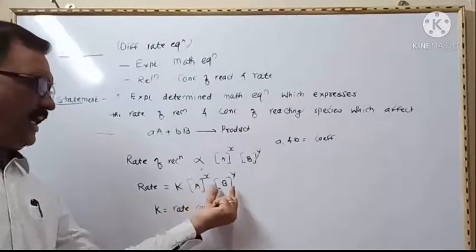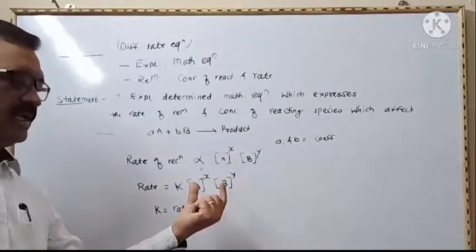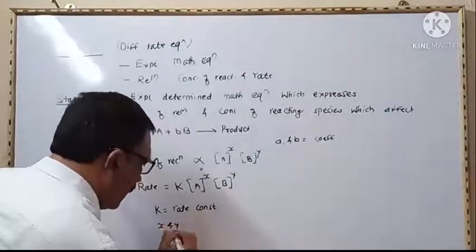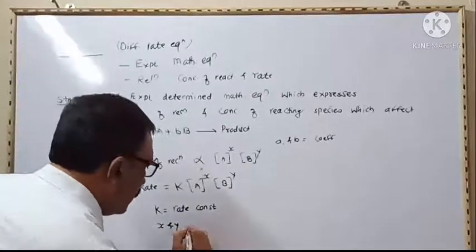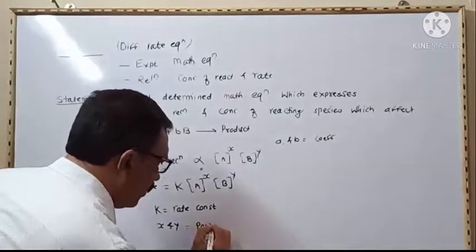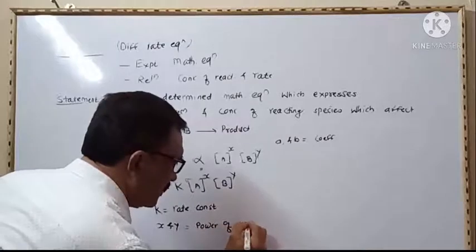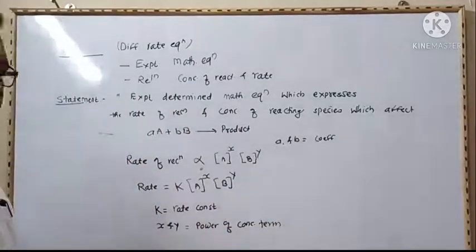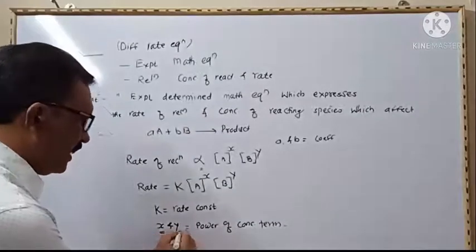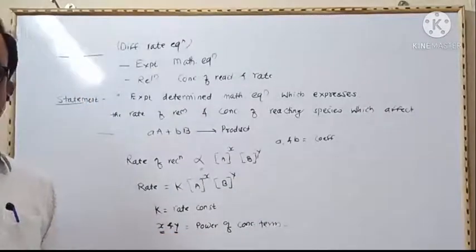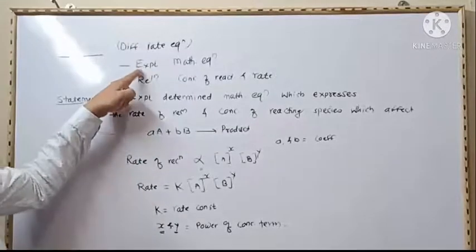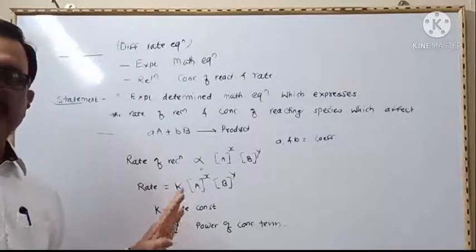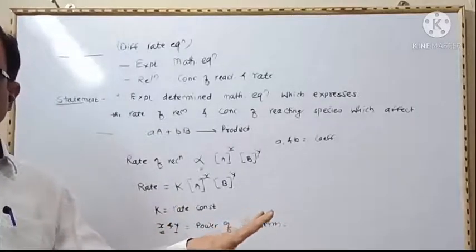While A and B are the concentrations of reacting species, x and y are the powers of the concentration terms in the rate law equation. These x and y are quantities obtained from experiment. That is, x and y are also experimentally determined quantities.